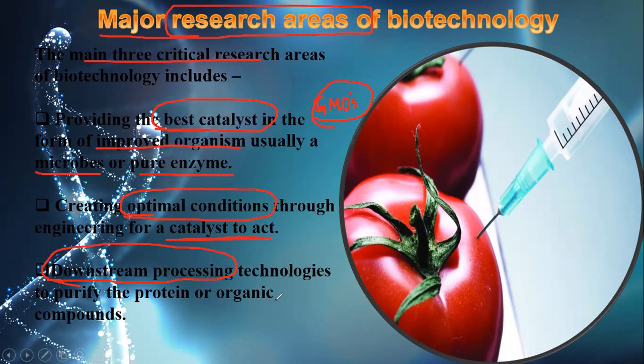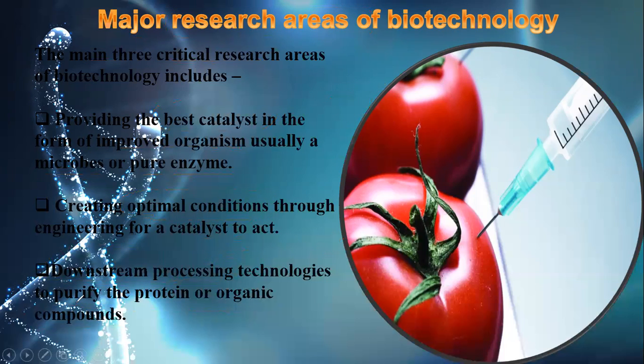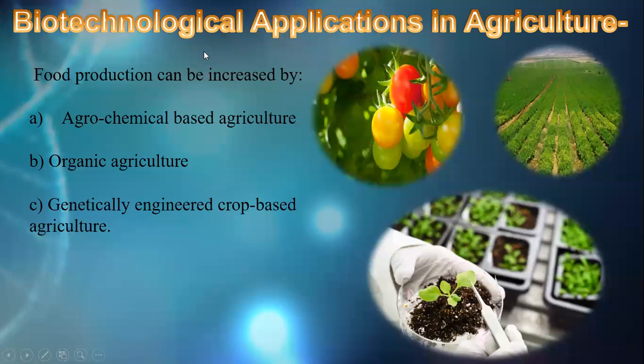In order to purify the proteins or organic compounds, downstream processing takes place only under aerobic conditions. Clear? Very important. Sometimes you may get a question, but it's not an important area of this chapter since we have many other important areas. Okay, so biotechnology in what?